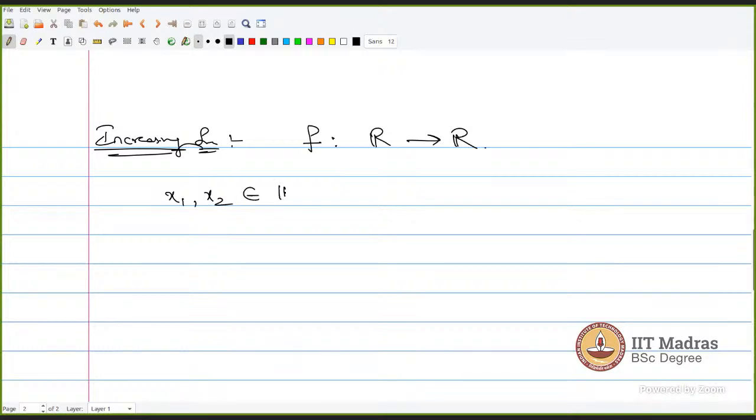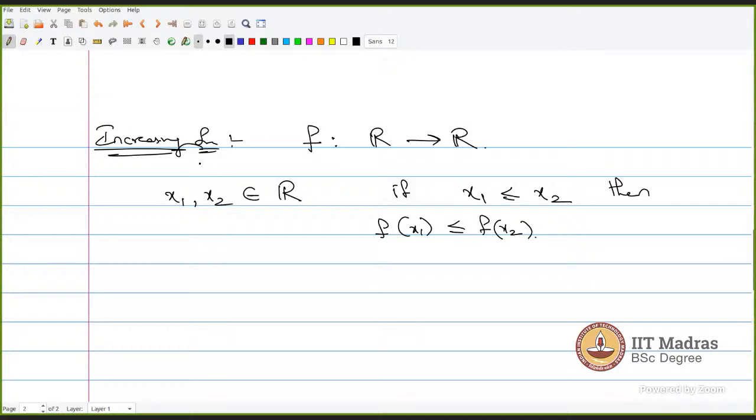Okay. So now let us discuss what a decreasing function and an increasing function are. As I said earlier, if I have a function defined from R to R, and I take two values x1 and x2 from the domain, if x1 is less than or equal to x2, then f of x1 should be less than or equal to f of x2.